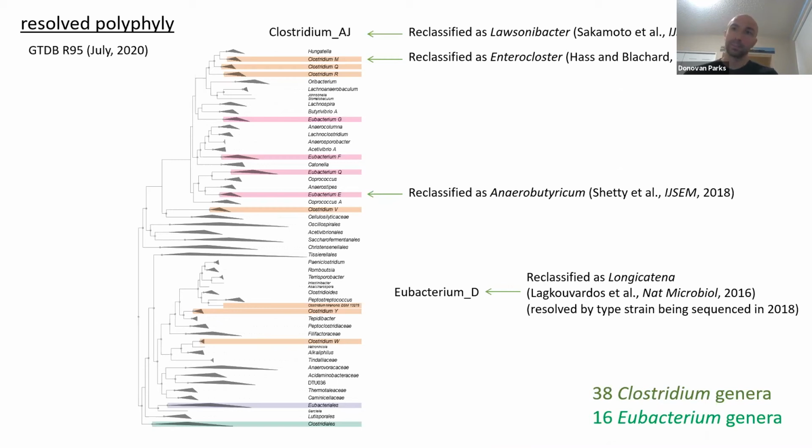There are four examples here of polyphyletic Eubacterium or Clostridium lineages where independent research has agreed with the GTDB that these represent polyphyletic lineages, and these authors have put forth actual formal Latin genus names for them.